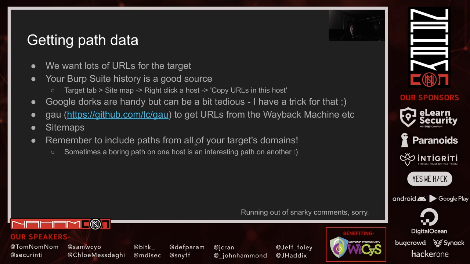Maybe it gives you errors, or maybe there's some checking missing or something like that. But the other thing there is, if we're fetching URLs from Wayback Machine, it might be the case that a path is only known about on one particular subdomain and is interesting there, but exists everywhere. So, we want to have a look in all of the different places that we can.